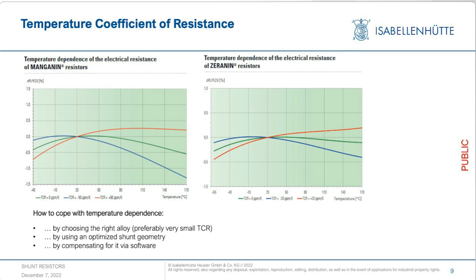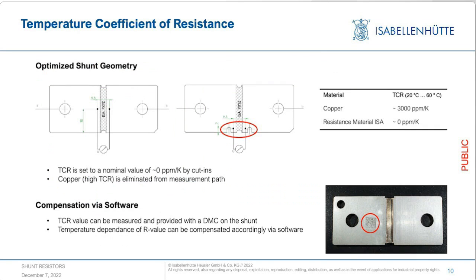But then you also have to take care of an optimized shunt geometry. And I will explain this on the next slide. And finally, you can also use software to compensate for any remaining TCR of the resistor. So let's now talk about the influence of the shunt design itself on the TCR.